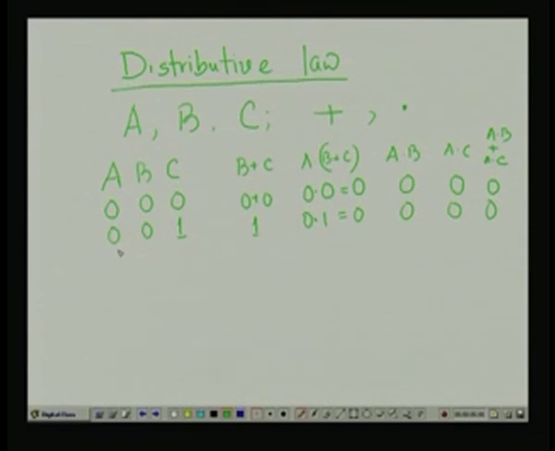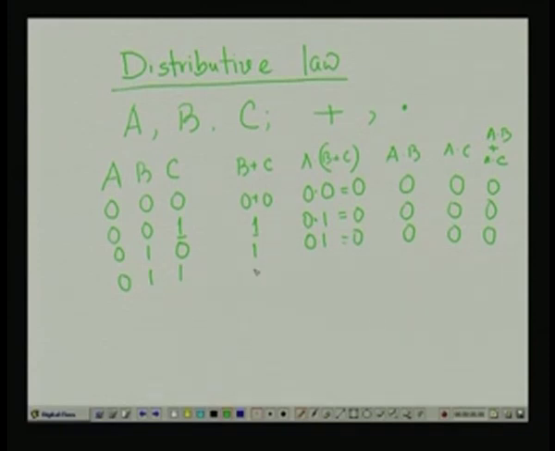Similarly, if we complete this full table, then 1 plus 0 is 1, again the same thing, then 0, 0, 0, 0, 1, 1.